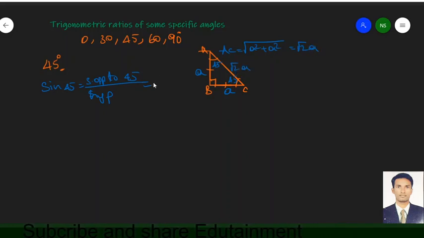So the side opposite to 45 degrees is A, divided by the hypotenuse root 2A, and finally we get 1 by root 2.